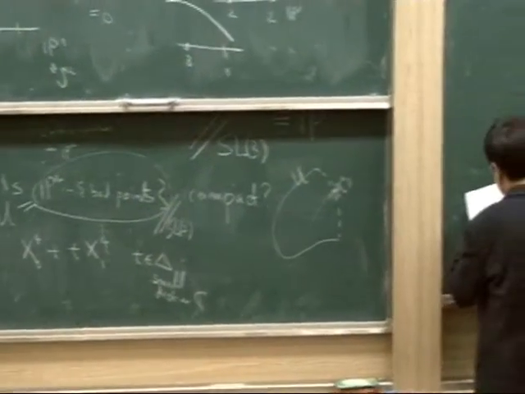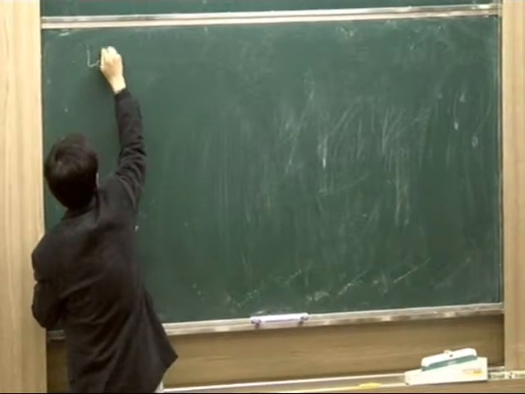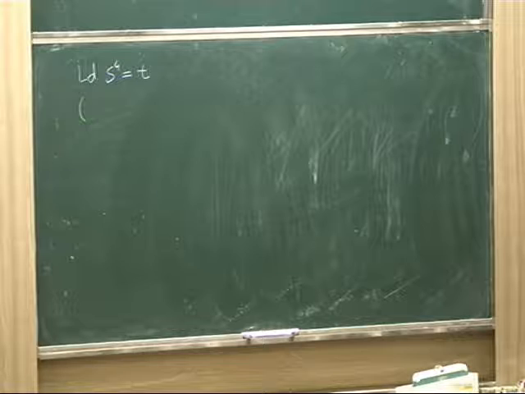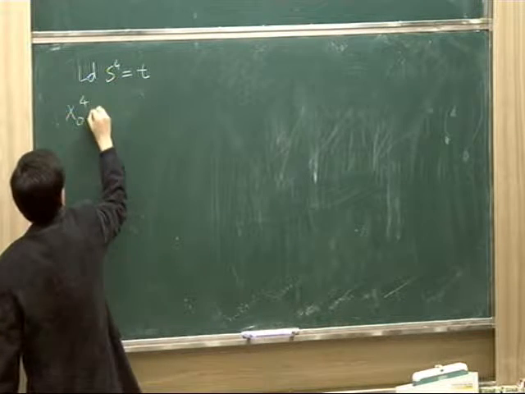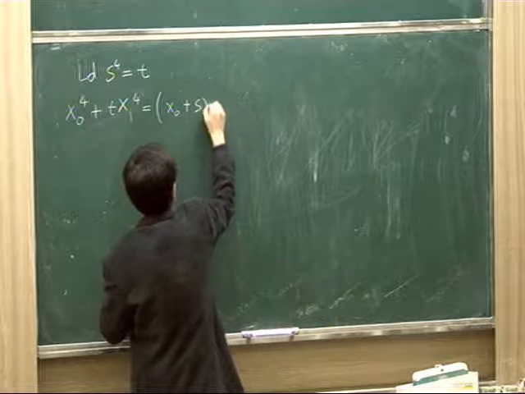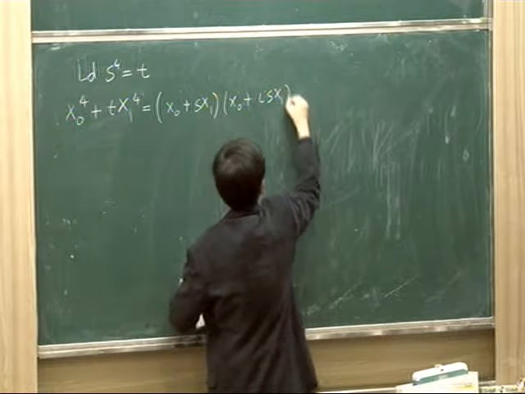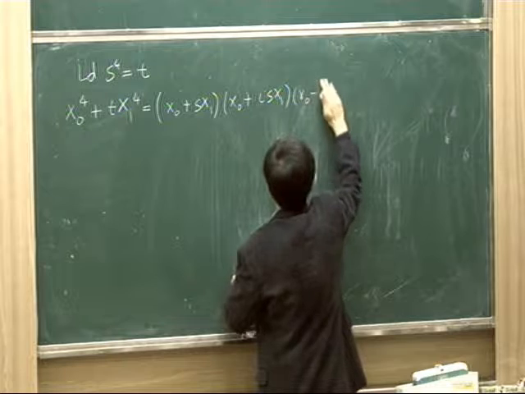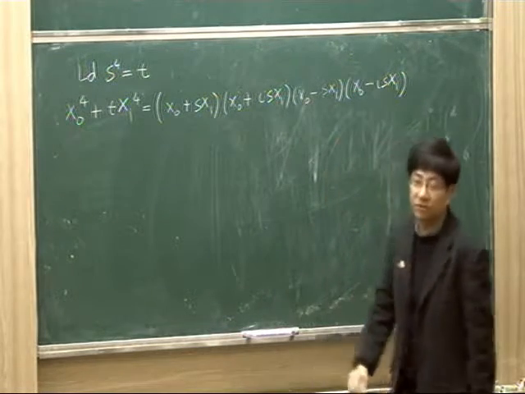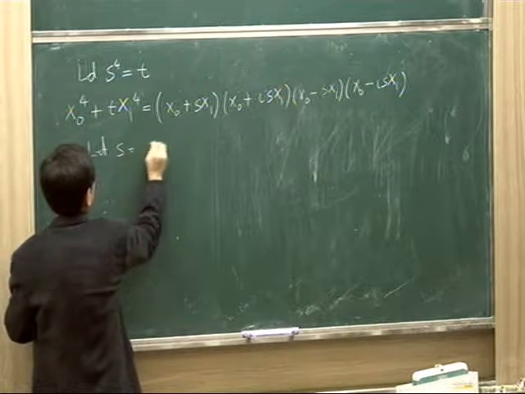So for example, you have s^4 equal t. Then this equation can be changed to this, right? And then say also let s equal s bar square.